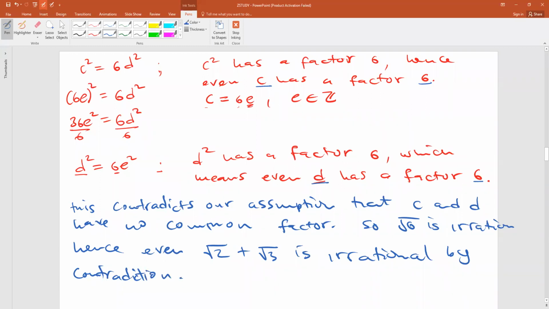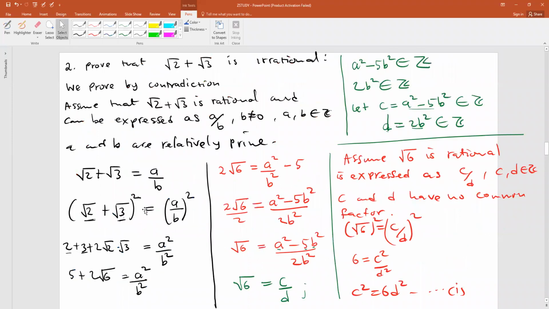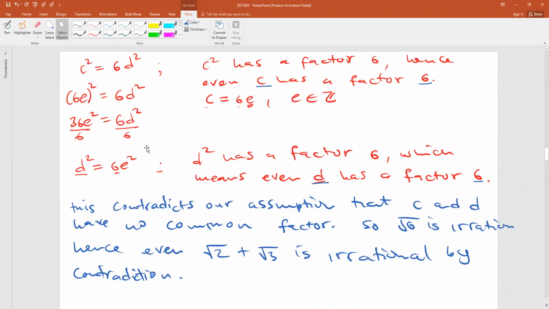Look at that. There we said c and d have no common factor, and now we have just seen that there is a common factor. So this has indeed given us a contradiction.